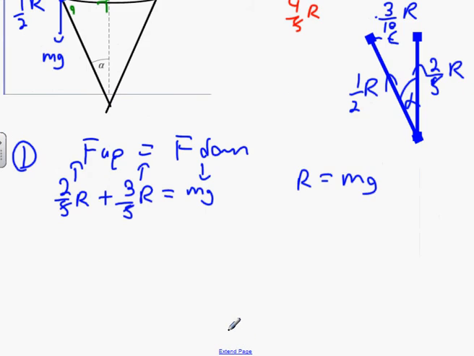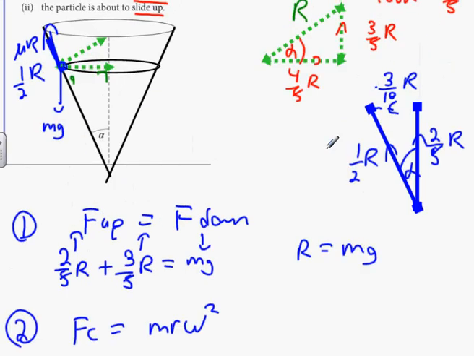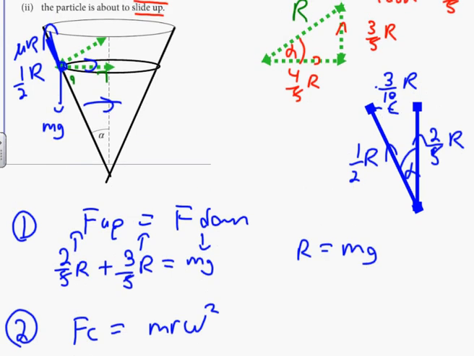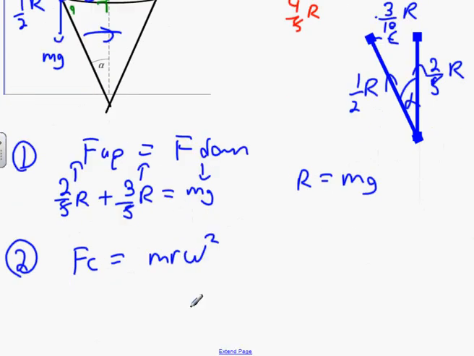No bother. Question 2. Your centripetal force equals m r omega squared. What is going inwards in this direction here to cause it to spin? 4/5 R and minus 3/10 R. Well done. 4/5 R minus 3/10 R equals m.